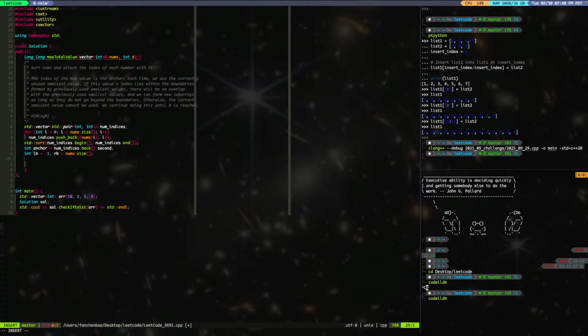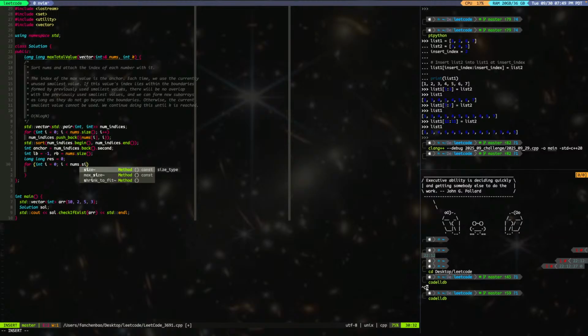And then we'll go long long res equal to 0. And we can just use k, which is fine. For int i equal to 0, i smaller than nums.size - 1, i plus.